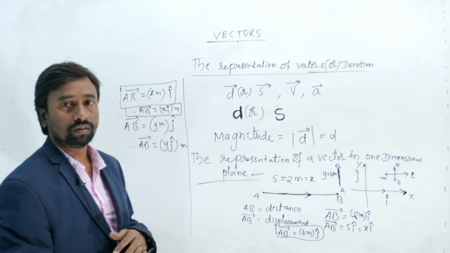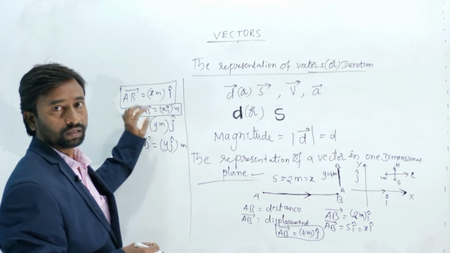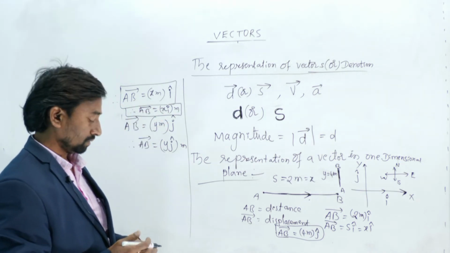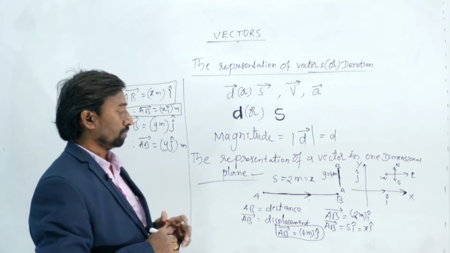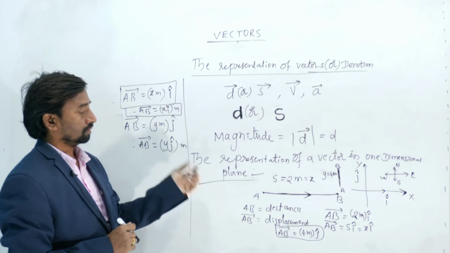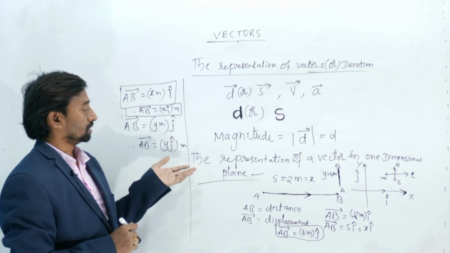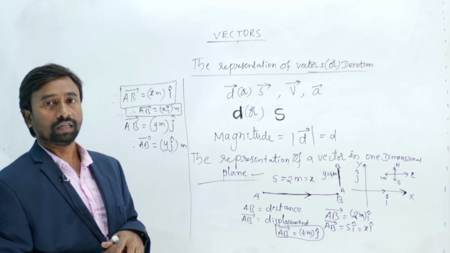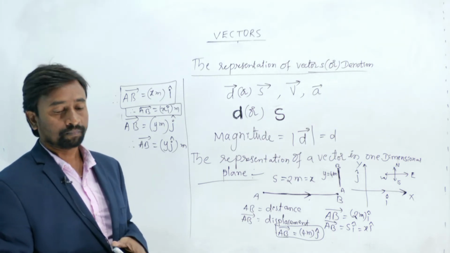Then we get the vector representation. So AB bar is equal to x i cap meters. This is a vector, it has units. Magnitude is multiplied with the unit vector along the direction of motion, and that is called the vector. Understood, no? The magnitude is x meters in the x direction, y meters in the y direction along the vertical.